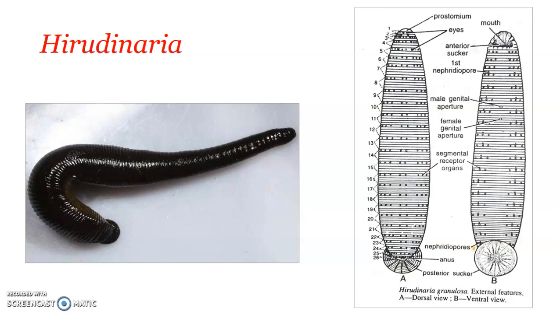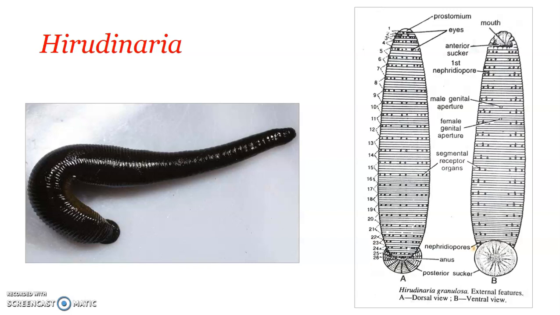And as already mentioned, they are ectoparasitic. They are blood sucking. The blood sucking nature is known as sanguivorous. So they feed on the blood of fishes, frogs, cattle, and even men who happen to enter the waters they inhabit.